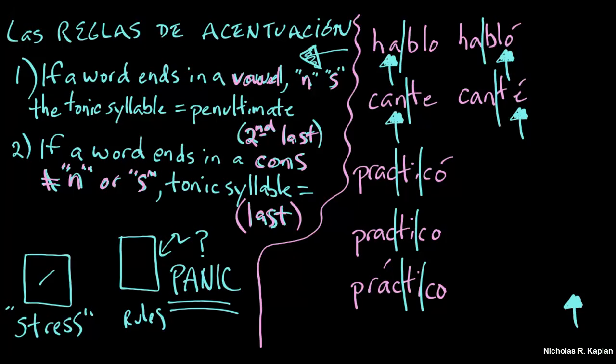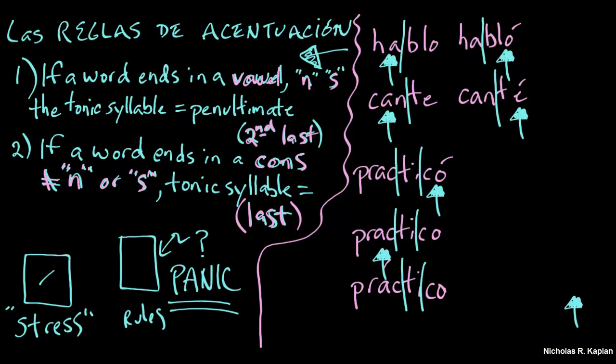All right, let's get a little trickier. I'm going to put 3 words on the board. All right, so one of these is I practice, one of these is practice, and one of these is he practiced. So if we look at the first one, where's the stress? On which syllable? Well, we see the written accent mark, so we know there's our stress. All right? Second example. Where's our stress? Well, there's no written accent mark, so this is where I need to panic, but I'm not going to panic because I have some rules, so I'm going to go back to my rules.